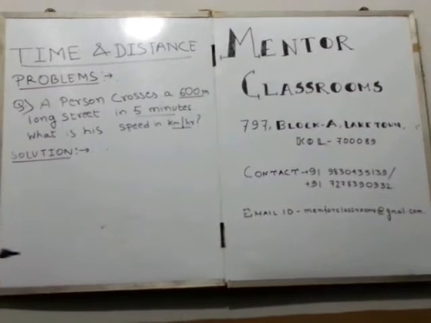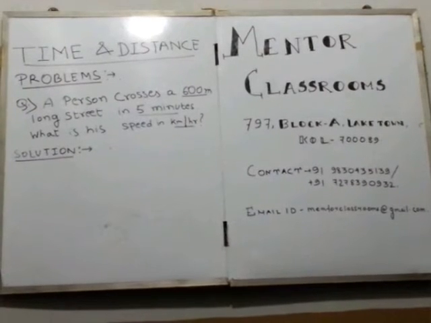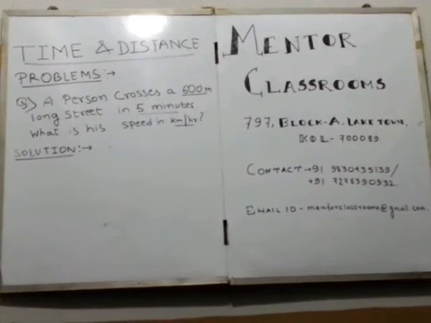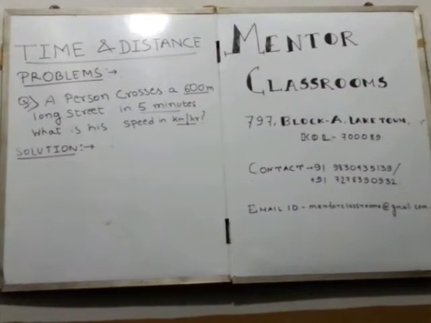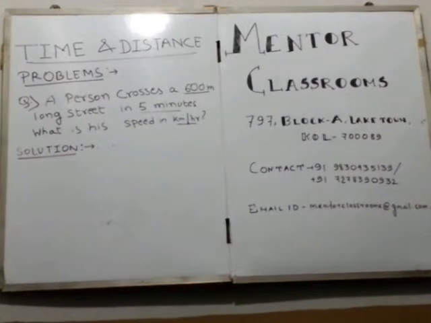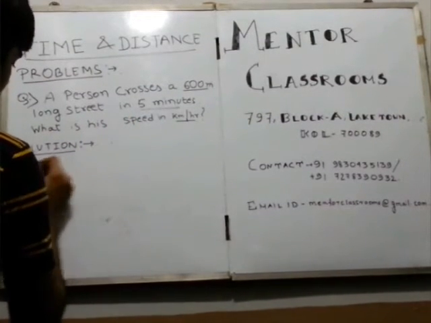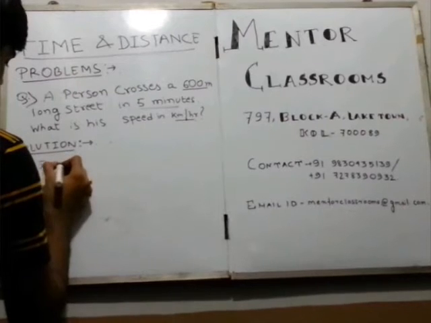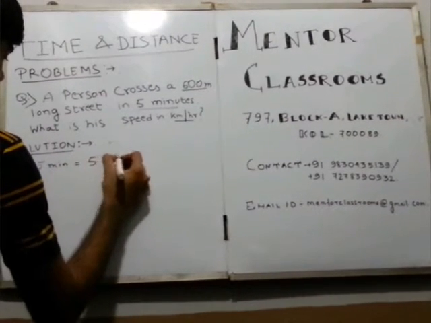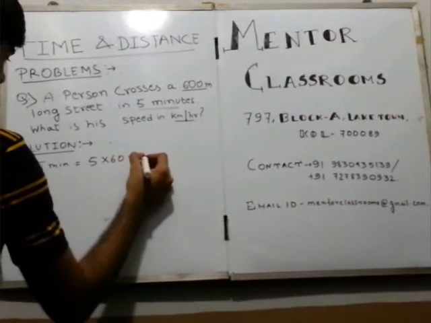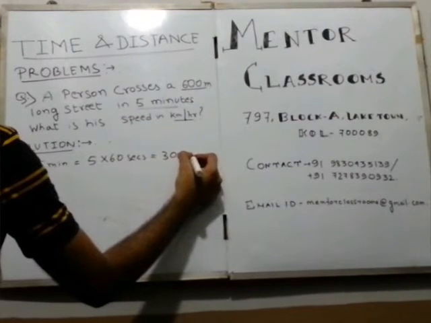So we have to use our conversion technique, means we have to use that factor, that is 5 by 18. So our first treatment to this problem would be to convert 5 minutes into seconds. So let's see, 5 minutes equals 5 into 60 seconds, which is nothing but 300 seconds.